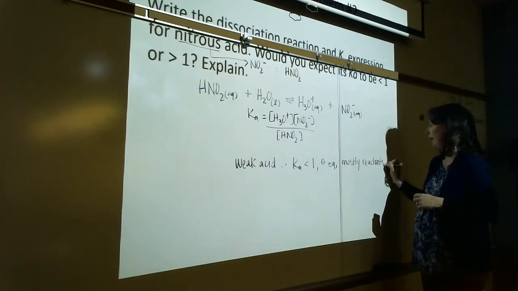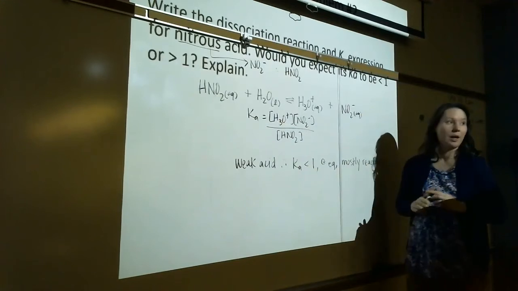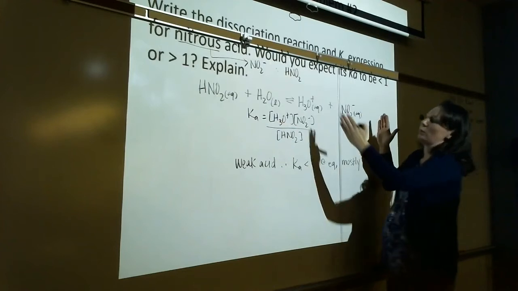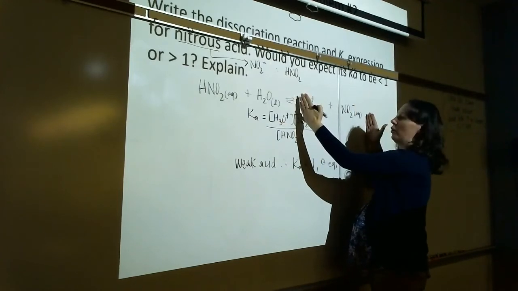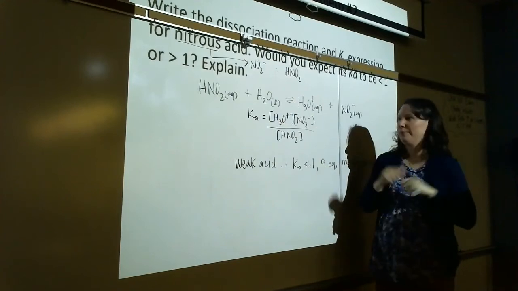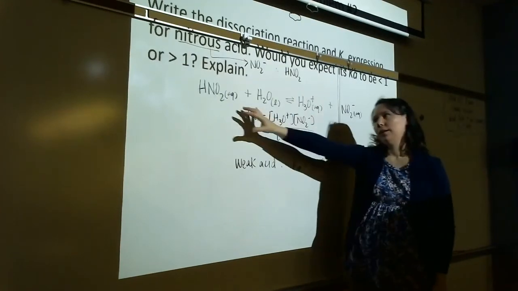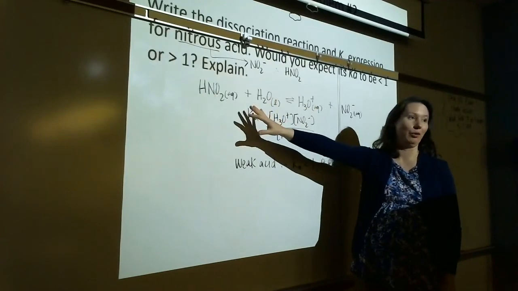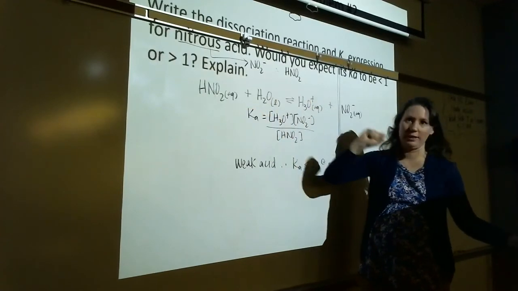So the way we do calculations for strong acids is going to be different than for weak acids. For strong acids, we are assuming it's 100% products, so guess what? No ICE table. Yay! For a weak acid, it's mostly reactants, but there's some products, so we are going to have to do an ICE table. Just a preview of things to come.